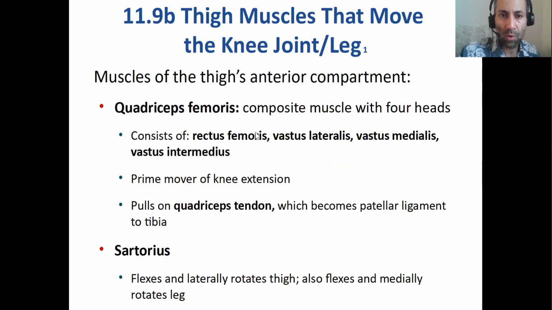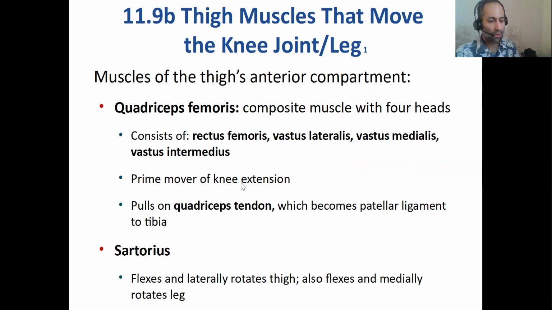All right, so here are your quadriceps femoris muscles. Rectus femoris, vastus lateralis, vastus medialis, and vastus intermedius. So the three vastus muscles and the rectus femoris. And the main job of your quadriceps muscles is to extend the knee, as in kicking a soccer ball when you kick it. So you extend the knee, okay?